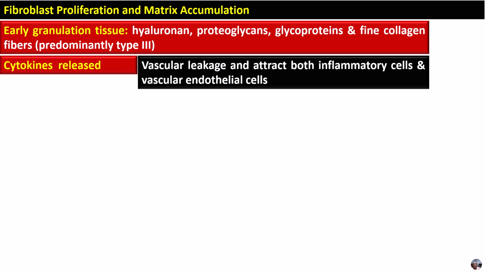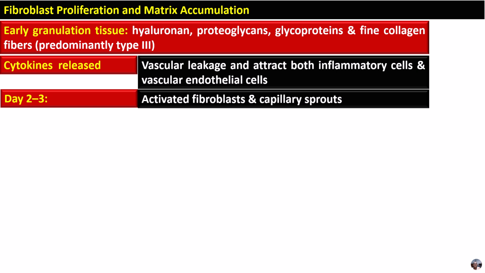There is cytokine signaling. The damaged tissue releases cytokines such as transforming growth factor beta, platelet-derived growth factor, and fibroblast growth factor. All of these increase the vascular permeability that leads to attraction of the inflammatory cell and vascular endothelial cell, a process that is called angiogenesis.